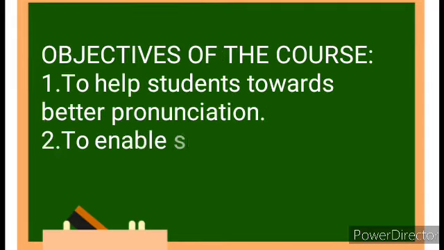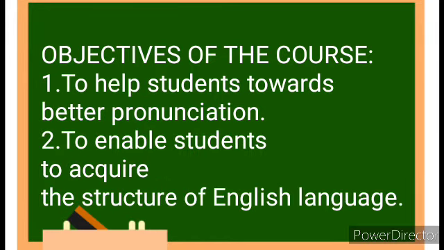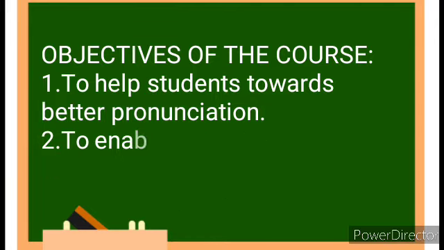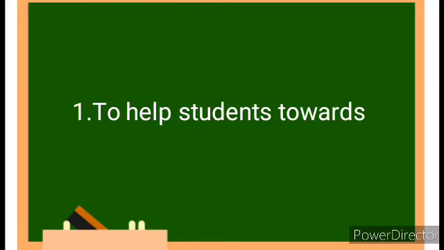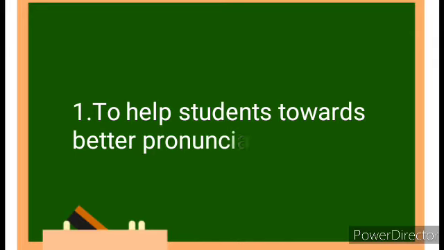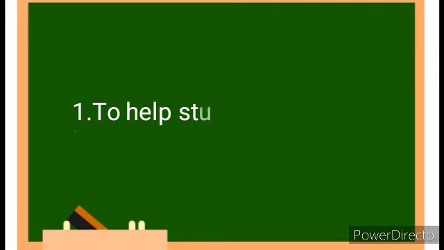The first objective is to help the students towards better pronunciation, and second objective is to enable the students to acquire the structure of language. The first objective, that is help the students toward better pronunciation, is achieved through phonetics. What is phonetics we'll understand later, which is very easy to know.